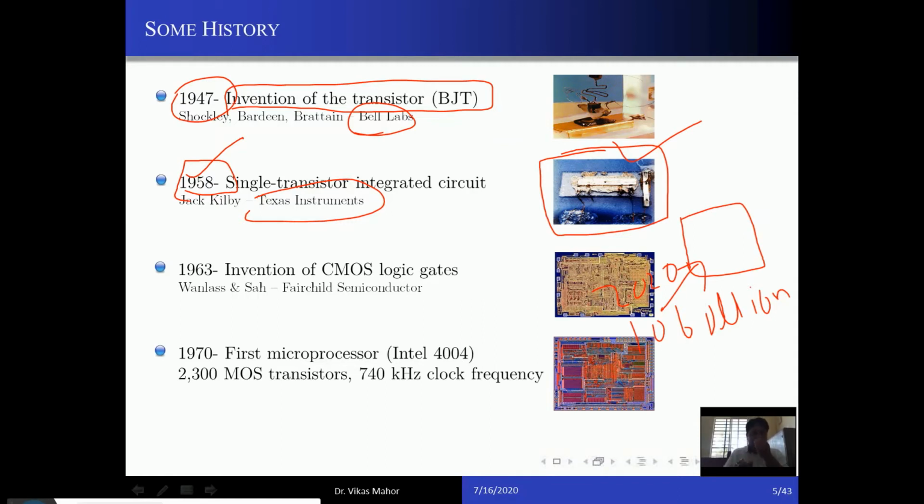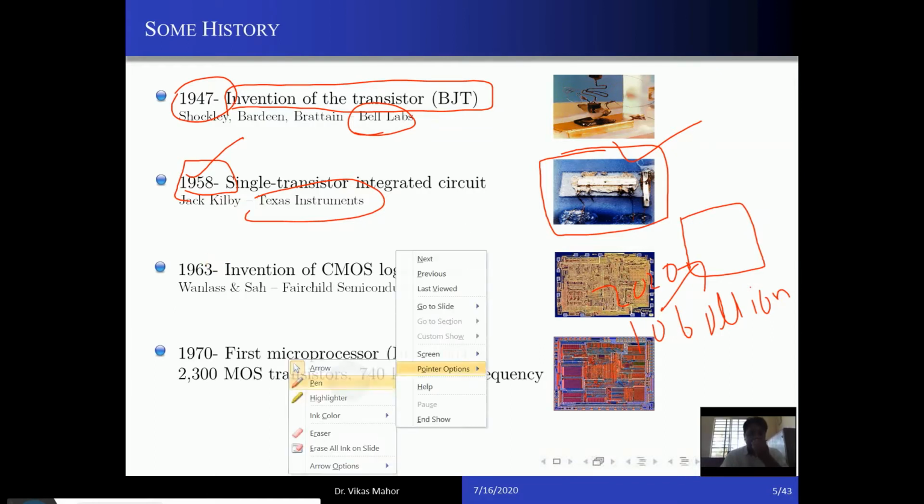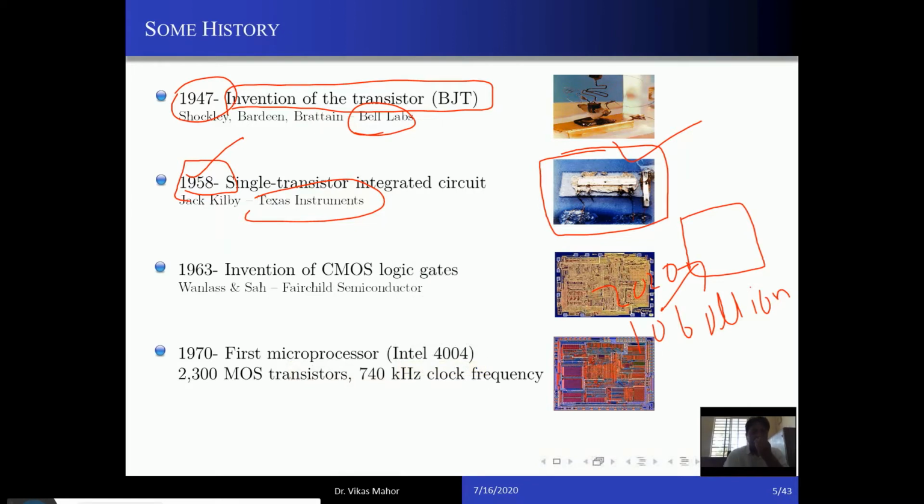And soon after, in 7 years, the scientists were able to invent the first microprocessor. Fine. What is the requirement of an electronic circuit? Why are we making electronic circuits? We are making electronic circuits to automate things. Are you getting me?